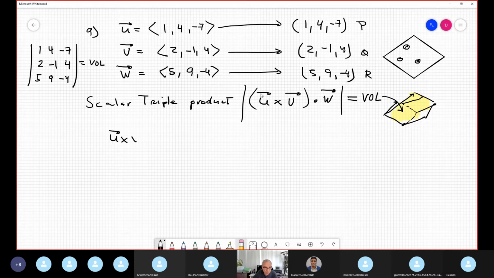U cross B. U cross B is the classical algorithm that we started the first day. This is the mnemonic device, no? To remember the formula. I, J, K unit vectors orthogonal. You copy the components 1, 4, -7, 2, -1, and 4.